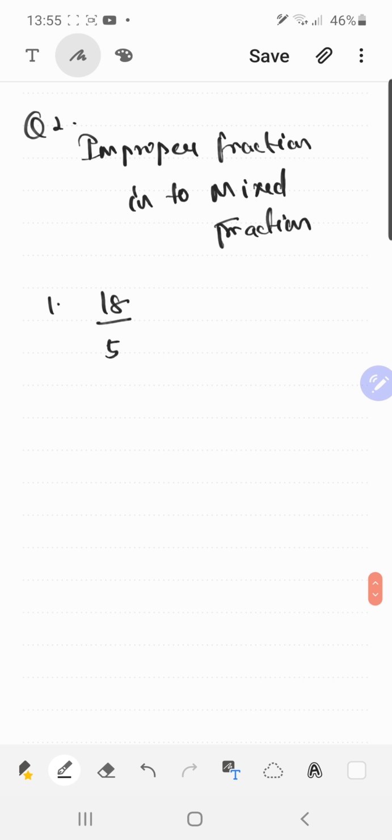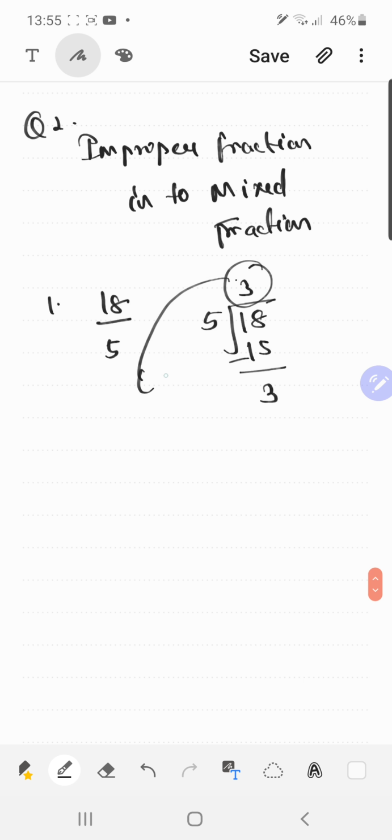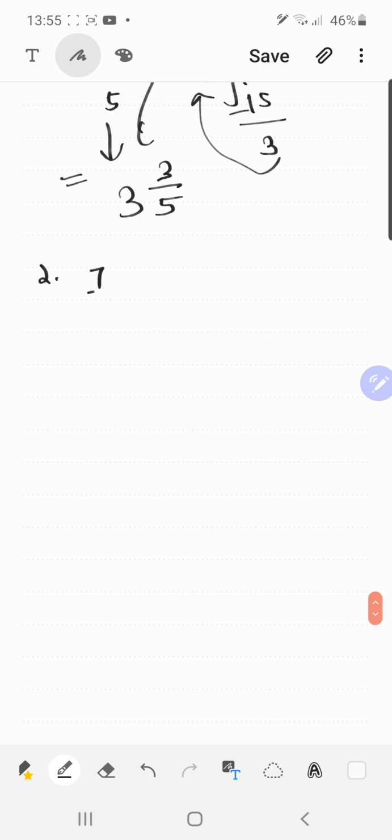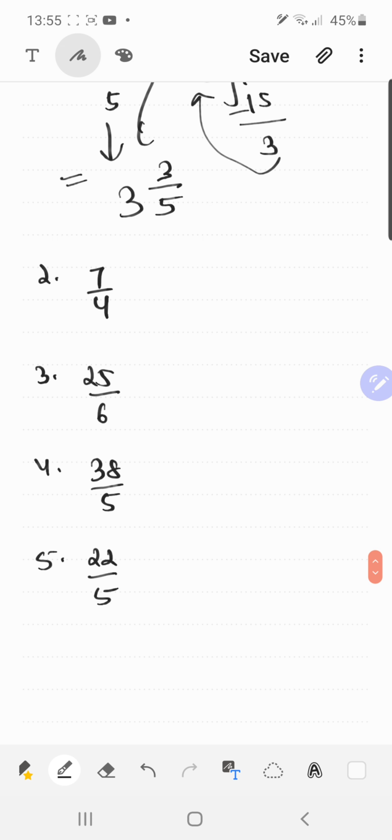As I said, you have to divide 18 by 5. 5 3s are 15 and 3 is remaining. How to write? You have to write this as the whole number and this as 3 upon 5 fraction. So what is the answer of 18 upon 5? It's 3 3 by 5. Similarly, you have to do 7 upon 4, 25 upon 6, 38 upon 5 and 22 upon 5. Every time you have to divide and check.